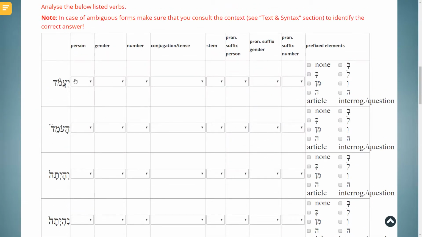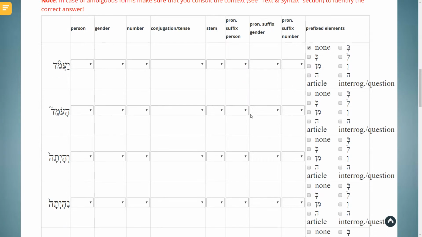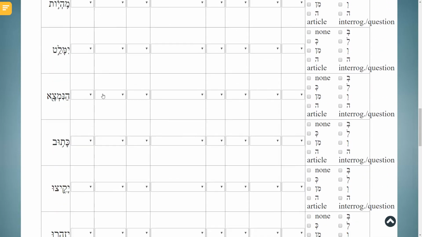So they have to analyze person, gender, number, conjugation, stem, and the absence of a pronominal suffix. It is absent here, so we would choose none. If it were present, then 1, 2, or 3, and gender and number need to be added as well. Are there prefix elements present? In this case, none. And so you just go through all the options here.